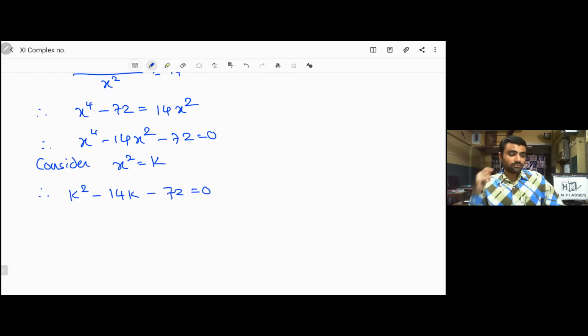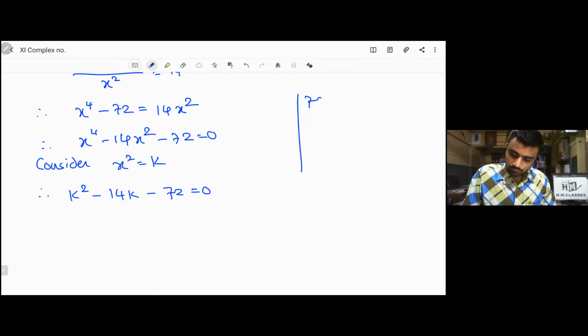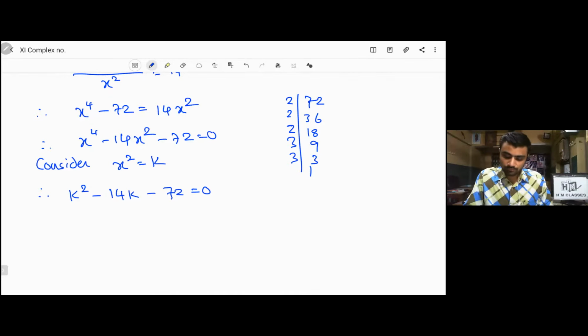Now this is a perfect quadratic equation के form में आ गया है, जिसका factor आपको लेना पड़ेगा, which is actually 72 का factor करेंगे. So minus करने पे 14 मिलना चाहिए.